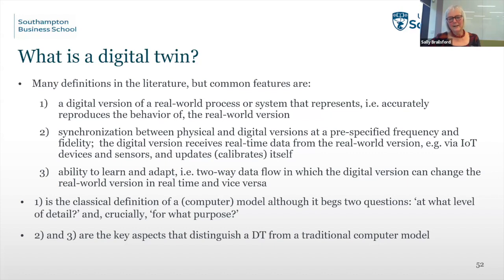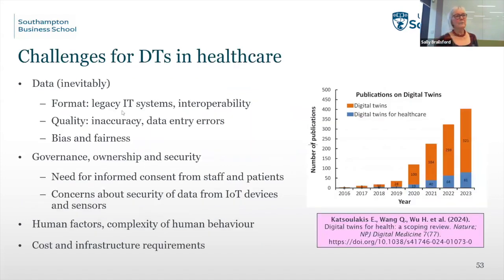I think the key thing is how detailed do they have to be, but more than that, what purpose? It comes back to this idea of model purpose, which is one of my problems with them in healthcare. So this was a review done in 2024 about the issues facing healthcare, and the problems you might have implementing them.